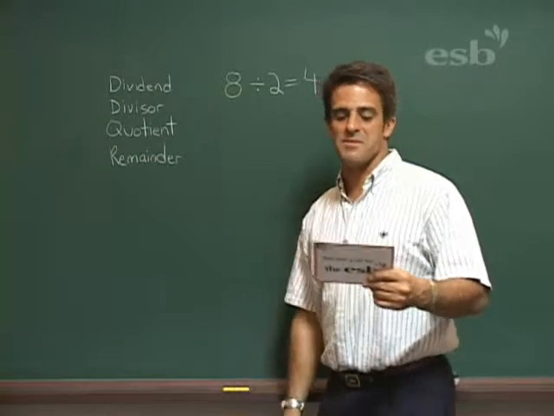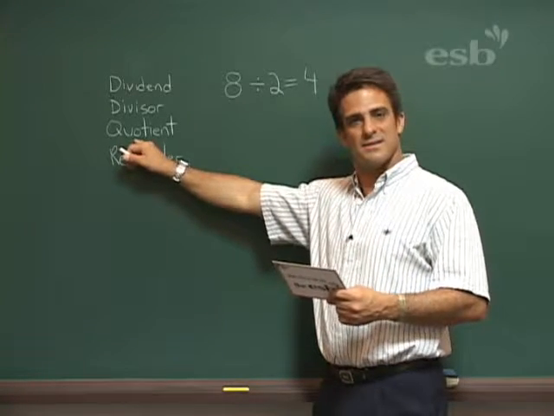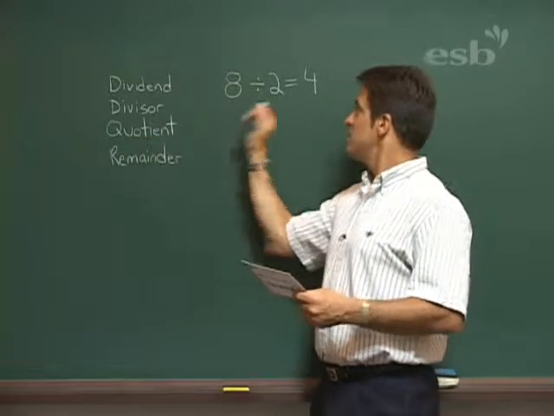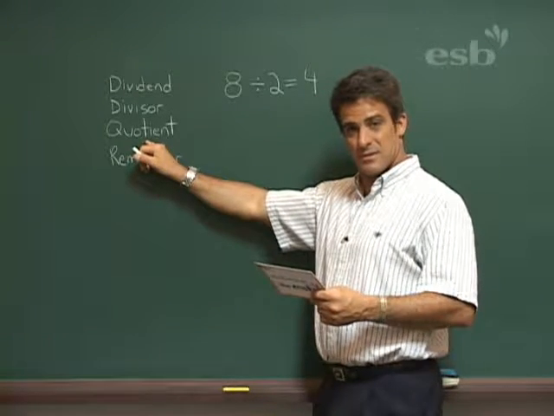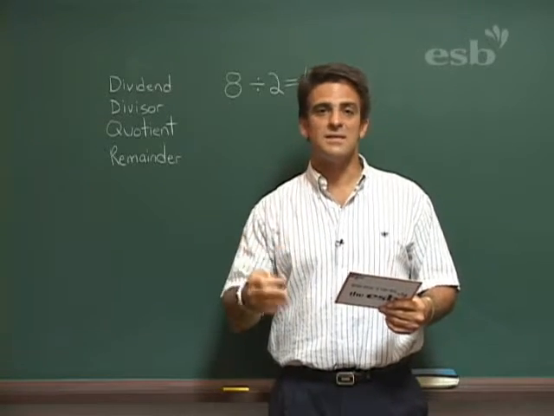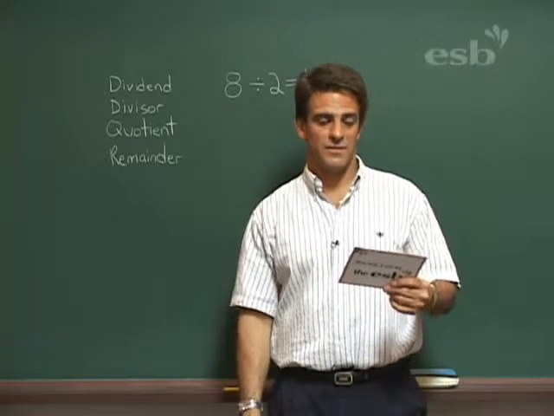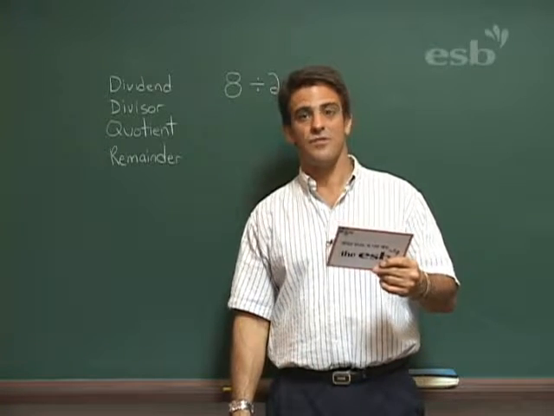When you divide numbers, the answer you get is the quotient. Quotient. 4 is the quotient. 4 is the answer to this division question.